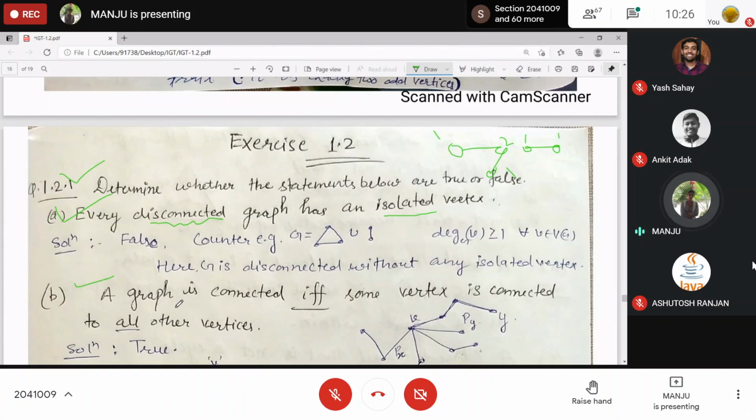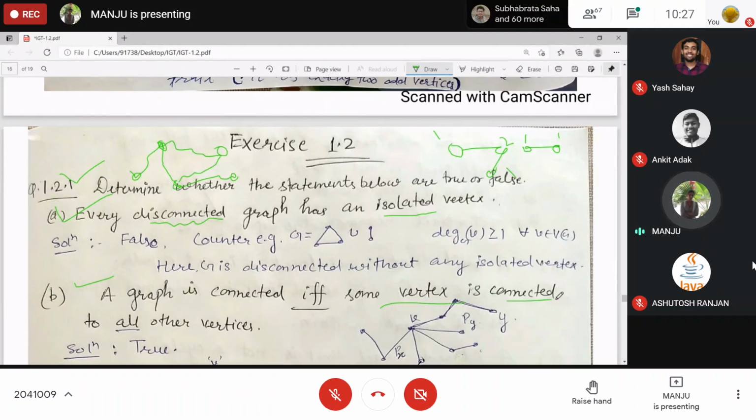Actually, this statement is true. If every two vertices are connected via some path, you can take some vertex, and that will be connected to all other vertices via some path.